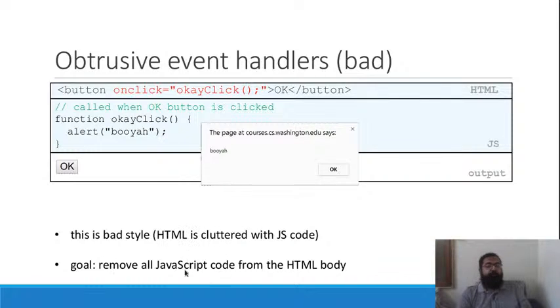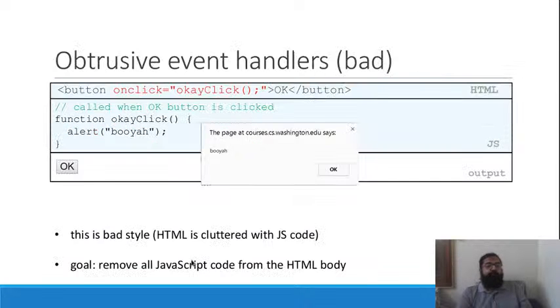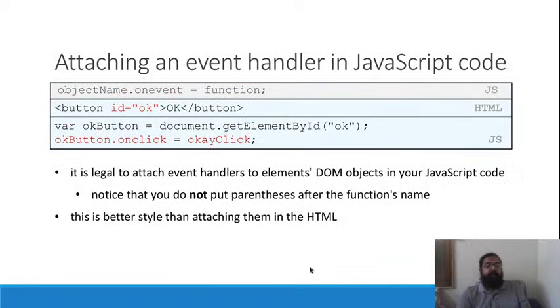So you have to remove the JavaScript code from the HTML body. You have to take out the JavaScript from the HTML body, and when you do it that way, you will have to attach an event handler in the JavaScript code, okay. So for example, var okButton equals document.getElementById of ok.